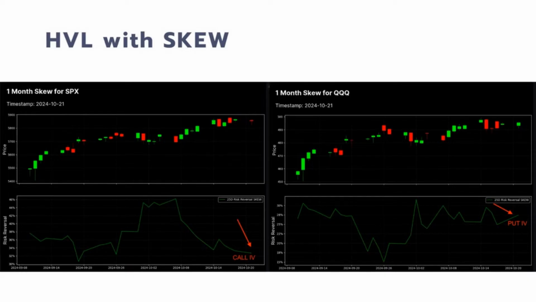We see that the SPX skew on the left is exhibiting a bullish sentiment, where the 25 delta call implied volatility is higher than the 25 delta put implied volatility. You see that on the bottom chart. On the other hand, if we look at QQQ, we see the opposite, where the put skew is higher. The implied volatility of puts is much higher than the implied volatility of out of the money calls, which is a 25 delta.